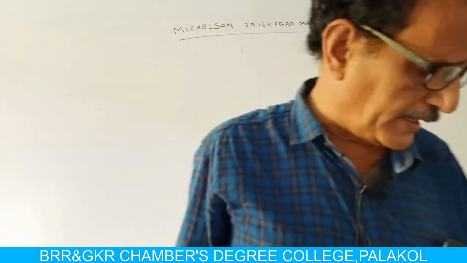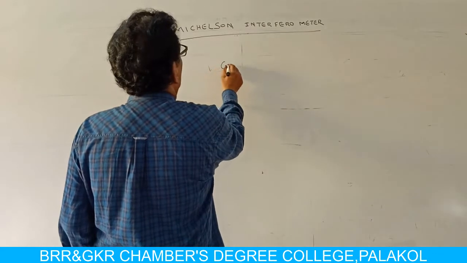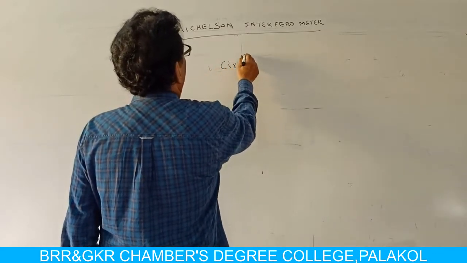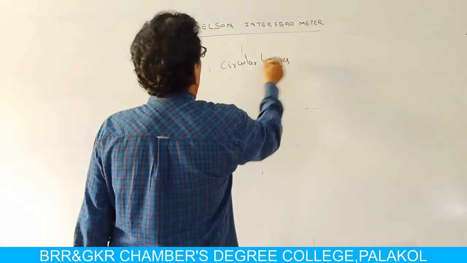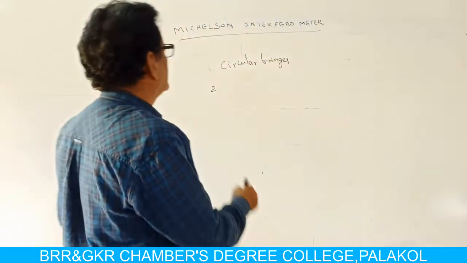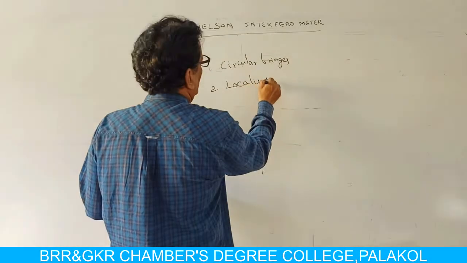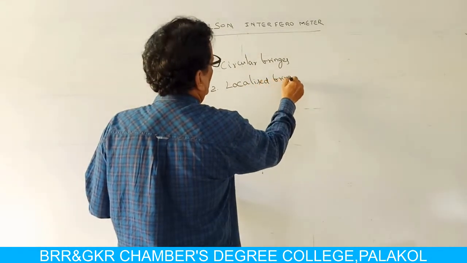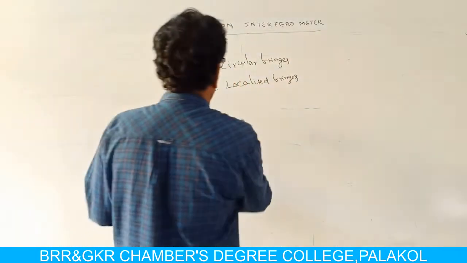There are different types of fringes. One, circular fringes, two, localized fringes, and third, localized white light fringes.